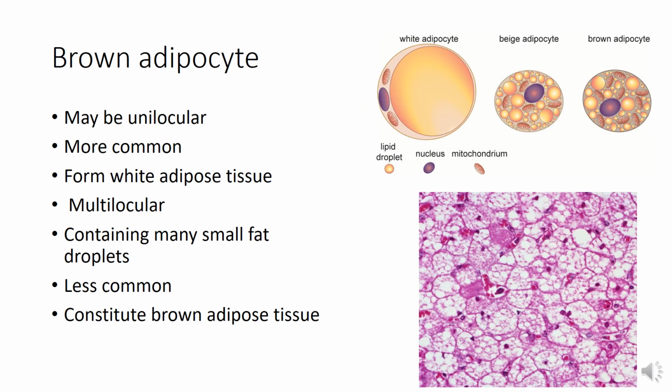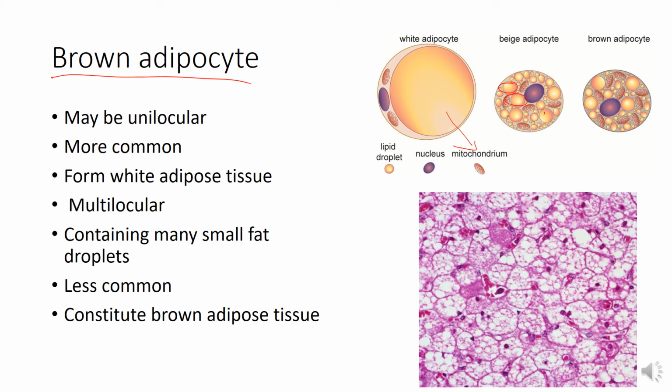Now brown adipocytes. There are two types of adipocytes: the white adipocyte, whose features I have told you just now. The other type of fat cell is the brown adipocyte, and the fat present in the brown adipocyte is multilocular. You can see here there is no single fat droplet, rather multiple fat droplets.